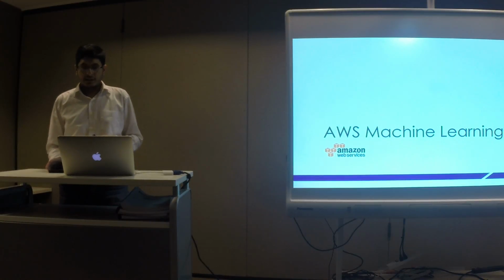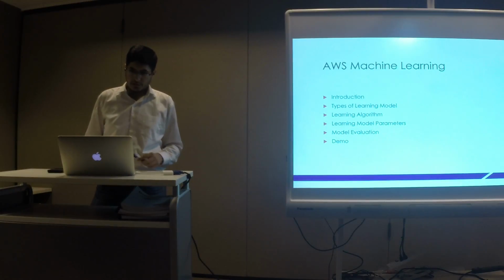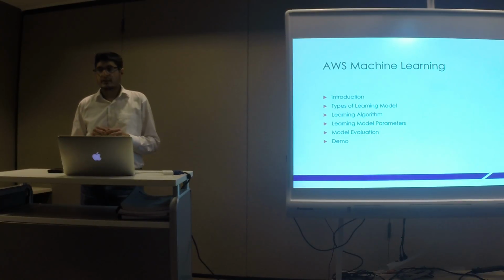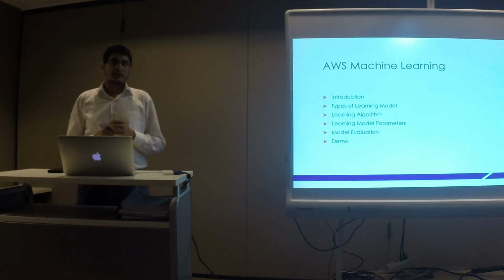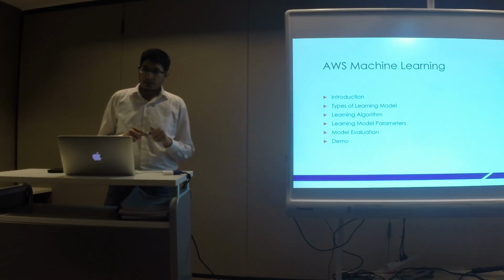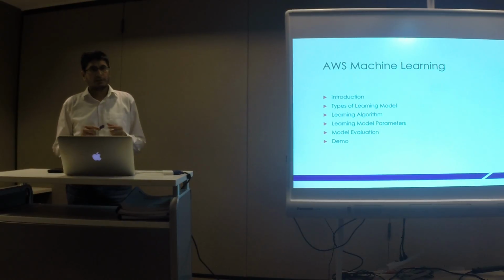So having said that, let's move forward a little. I'm going to touch upon the introduction and the types of learning models that Amazon provides. Then a high level view of the learning algorithm, how exactly it computes the learning model, and some of the parameters that you can configure to fine tune your model for predictions.